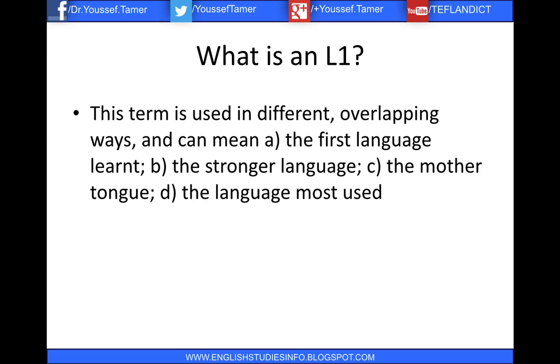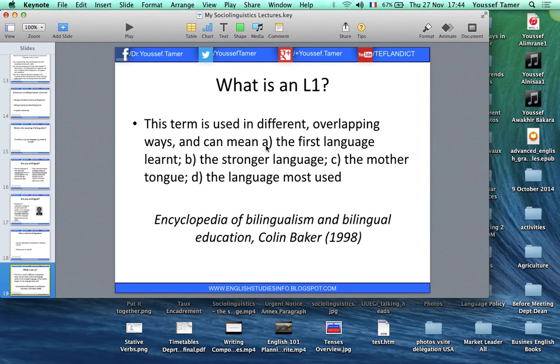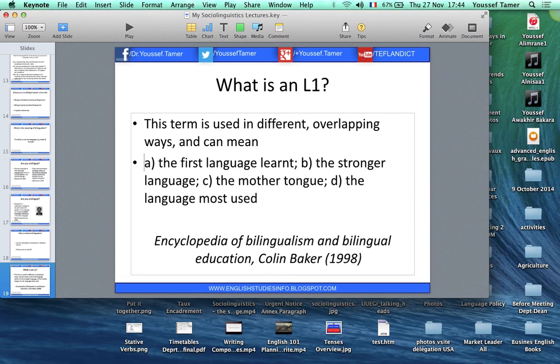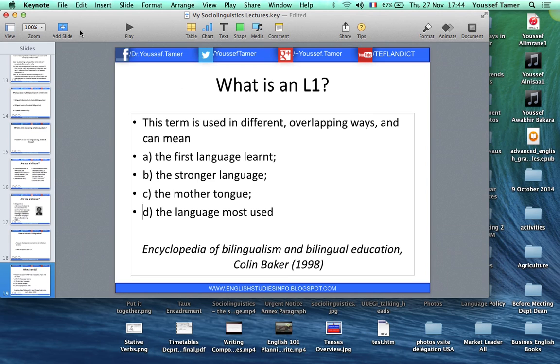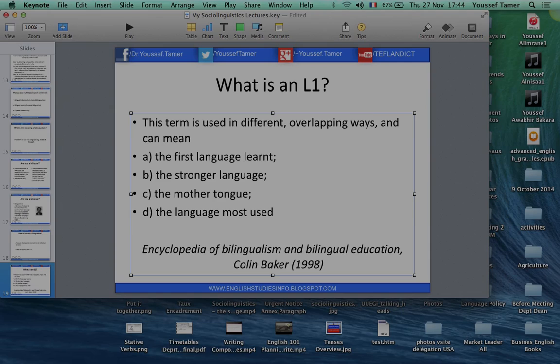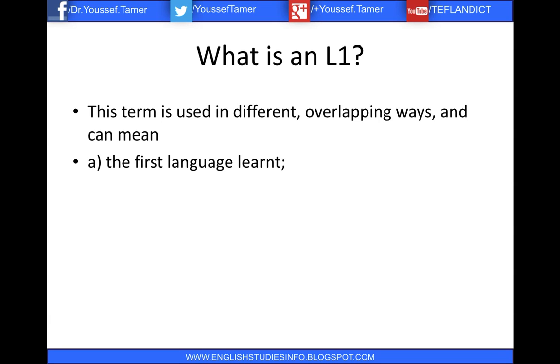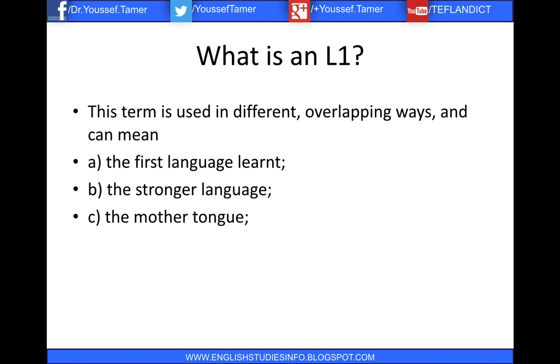This term is used in different overlapping ways, and can mean the first language learned, the stronger language, the mother tongue, the language most used.